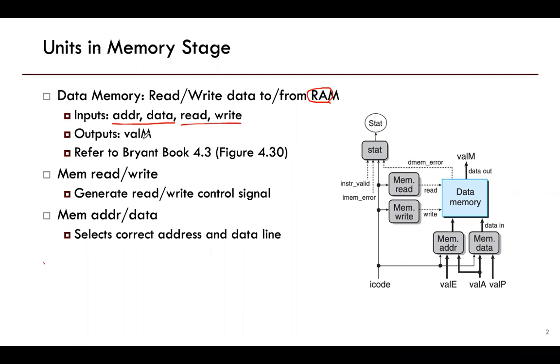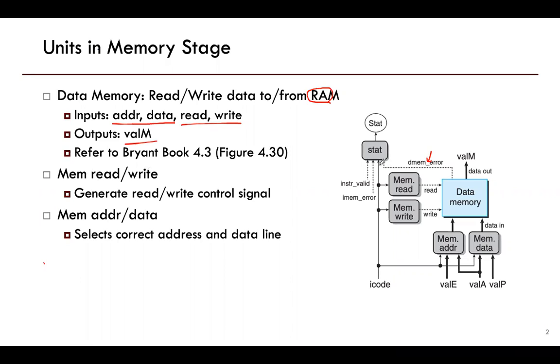If the control signal is read, then it will output the value. Also, it has one extra control signal outgoing from data memory, but I'm going to talk about it maybe in the last tutorial.